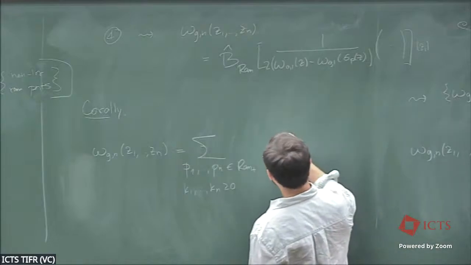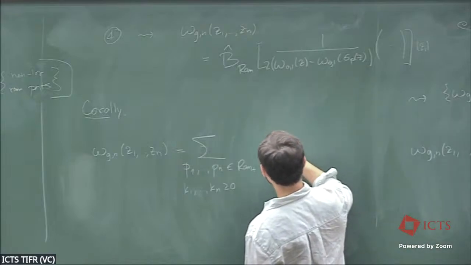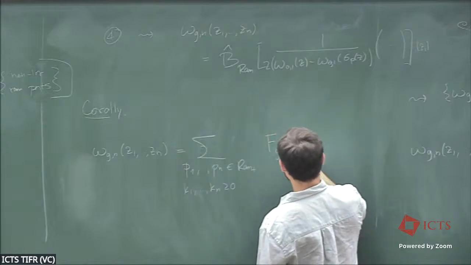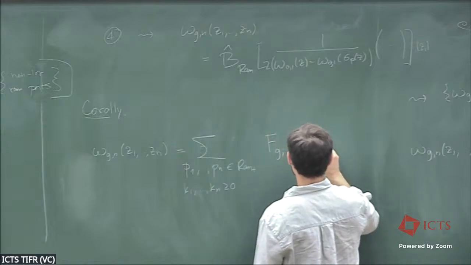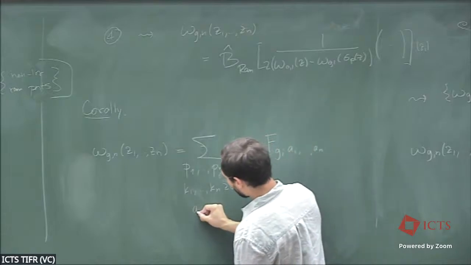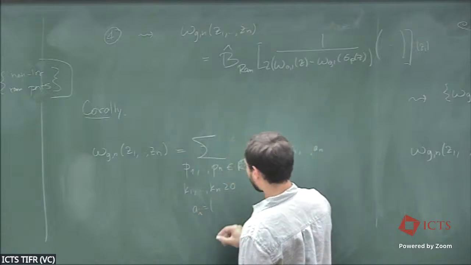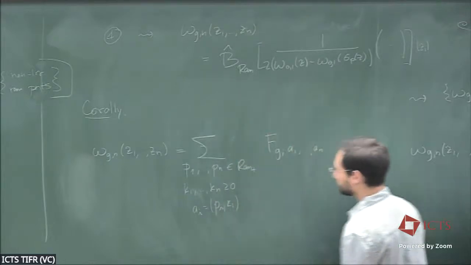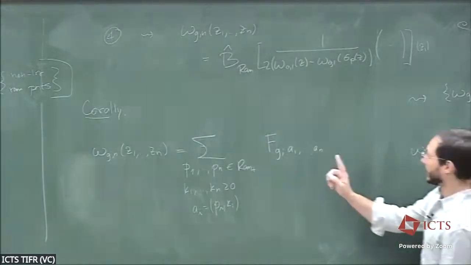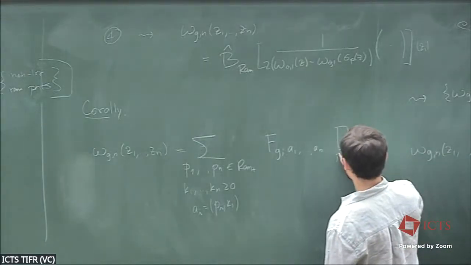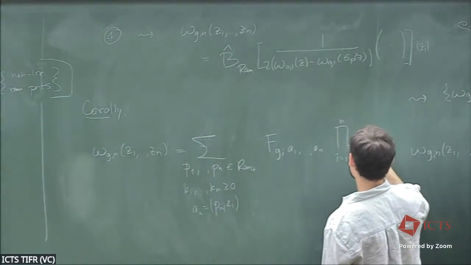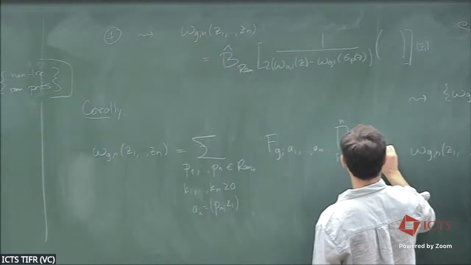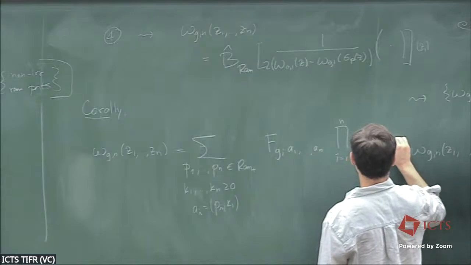And here I will have some coefficients that I will call F G A1 up to An, where I denote Ai to be the pair Pi, Ki. And I have this times the basis of differentials that I defined before, psi Ai in the variable Zi.